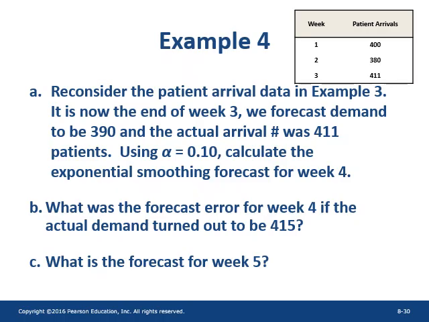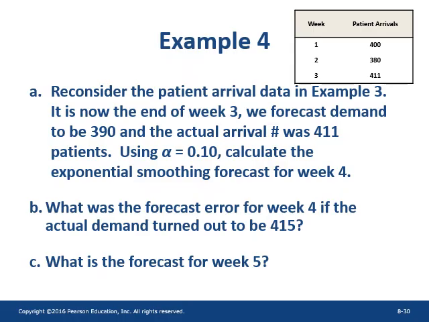Let's look at an example with exponential smoothing. We'll just use the data you see pasted here from example 3, and we're going to say it's the end of week 3. So we had forecast demand for week 3 to be 390 arrivals, and the actual number was 411. We're going to use alpha of 0.1, which is to say we're not going to be real responsive to error.